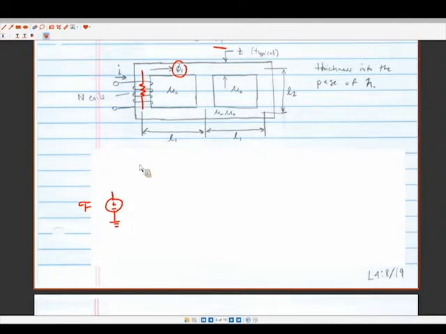The answer is it doesn't actually matter. The flux has to go through that reluctance regardless of whether it's at the high potential side or low potential side of the voltage source. I always put it on the high potential side. If you like the low potential side, go for it. Doesn't matter.